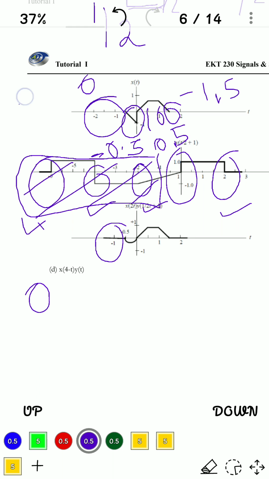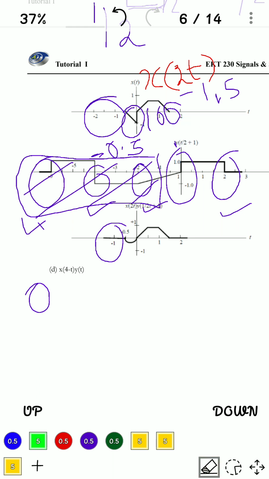This particular signal is my x of 2t. Just a second, I'll write it. So this particular signal is my x of 2t. Yes, 1 minute. This particular time period is my x of 2t and this is my y of t by 2 plus 1, right? This is my y of t by 2 plus 1.